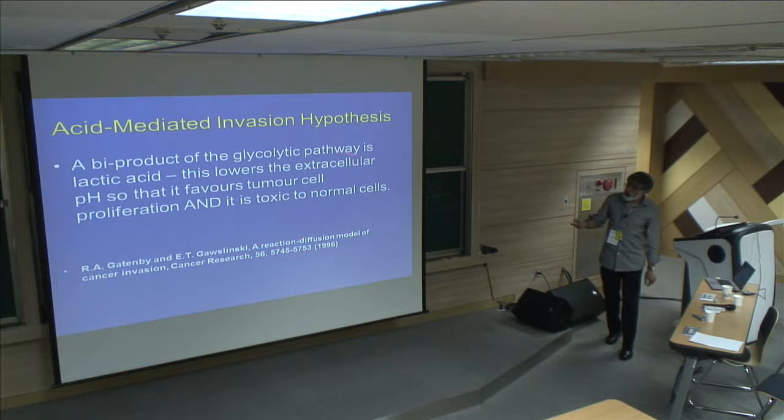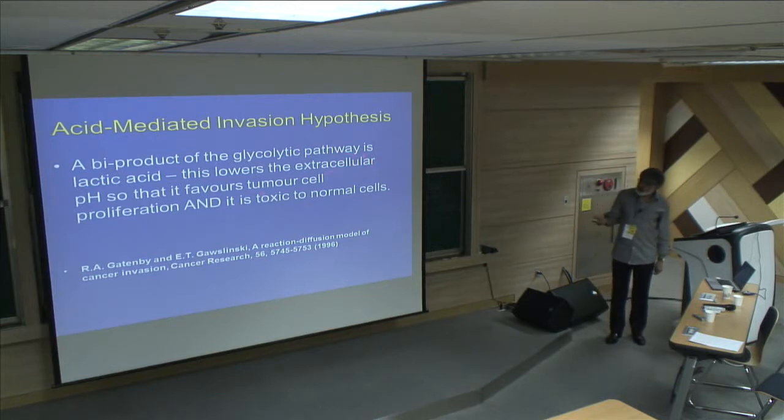One of the byproducts of the glycolytic pathway is lactic acid, which lowers the pH, and that's very toxic to normal cells. So he wondered whether this facilitated the invasion of tumor cells versus the normal cells.